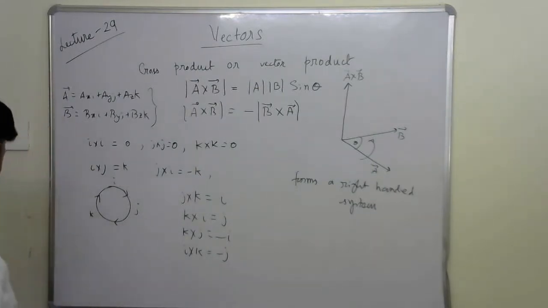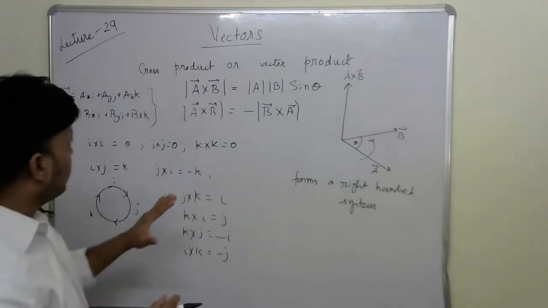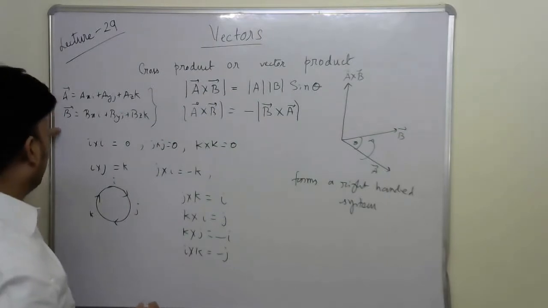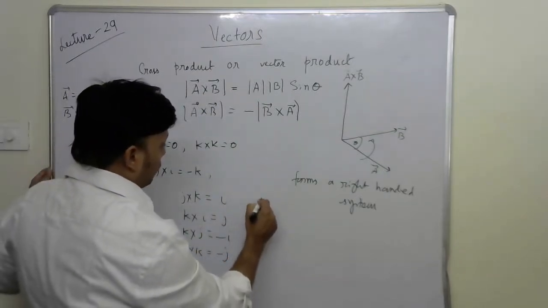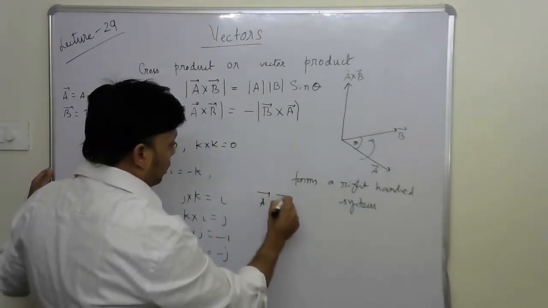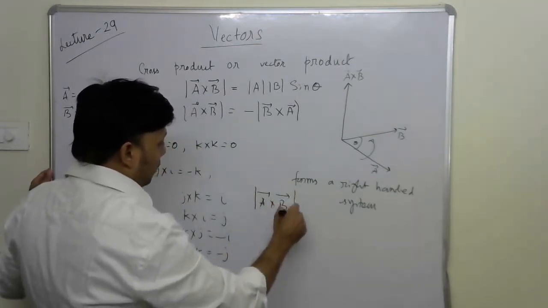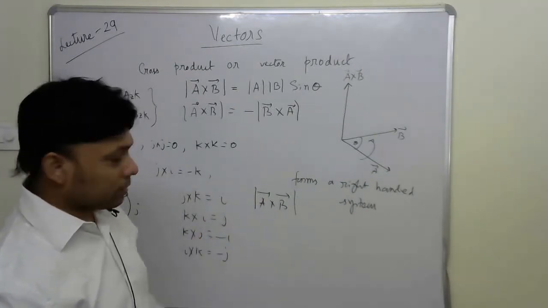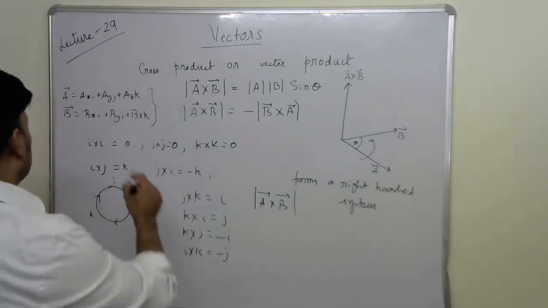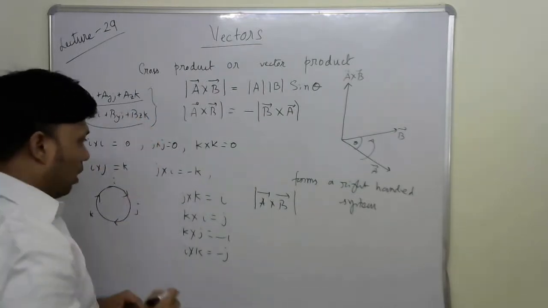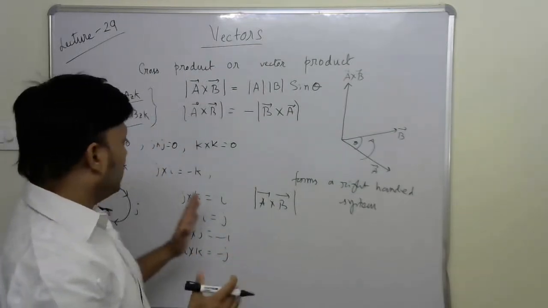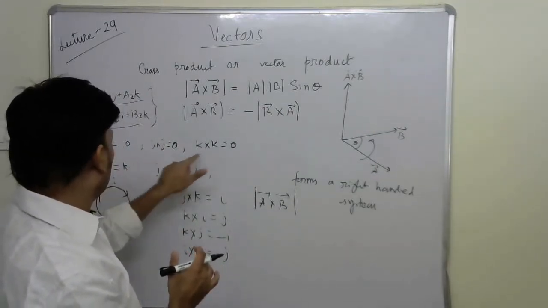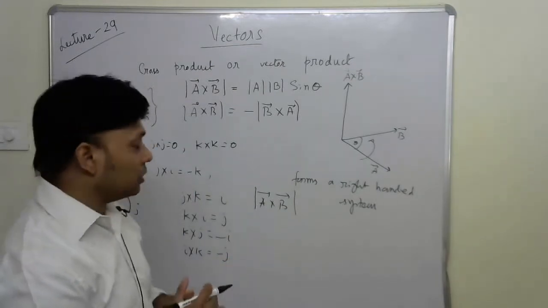Now the last thing we are going to do is take the cross product of these two vectors, A and B. That means we are going to find the value, or basically the magnitude, of A cross B. Remember, each has three components, and some of the terms will probably vanish because I cross I is 0, and some of them would not vanish.